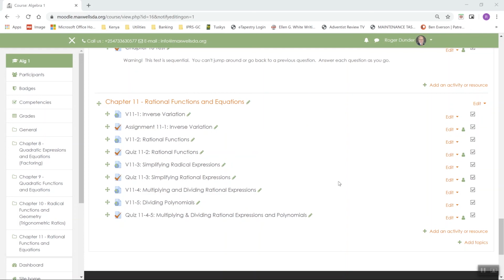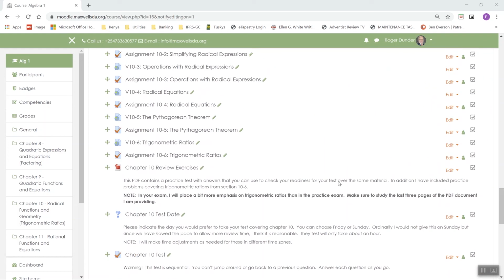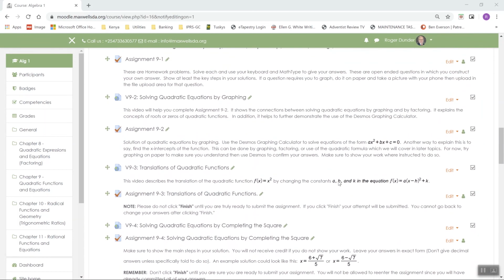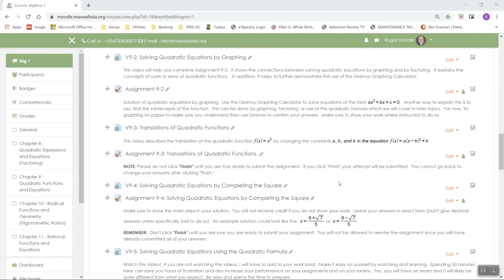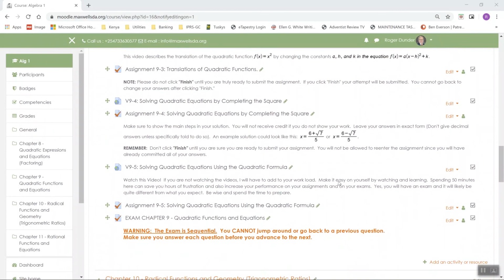So this is the material that will be on your test. We're talking about chapter 8, factoring, and chapters 9, 10, 11. Okay, three chapters basically, and factoring. So that pretty much wraps it up.